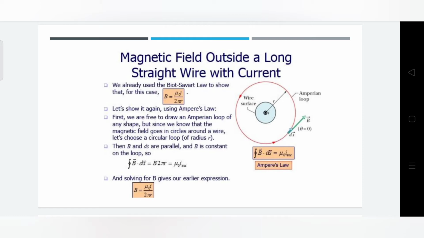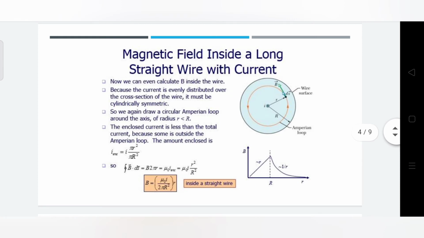So integral B dot dl is equal to B times 2 pi r, which is equal to mu naught I. Solving for B gives the earlier expression, B is equal to mu naught I divided by 2 pi r, the same as obtained using the Biot-Savart law.